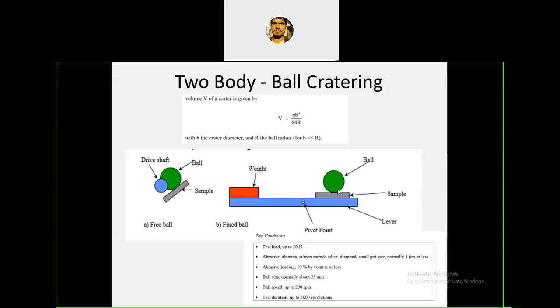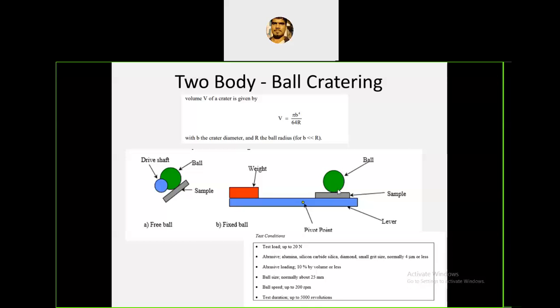Clear. And this is measured with the help of this equation, V equals pi b to the power of 4 over 64 r, where V is the volume of the crater, meaning because of this rotating ball and this weight, whatever crater impression is created on the specimen, that is the volume.